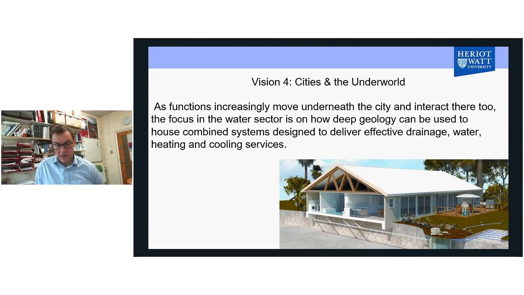So this is about both, at a much smaller scale, using groundwater as a resource, replenishing groundwater from the drainage of our properties, but also thinking about how we can use that groundwater as a heat sink to cool our properties during hotter weather and warm them during colder weather. Again, this is already happening to some extent, but it's about how we get the scale right.